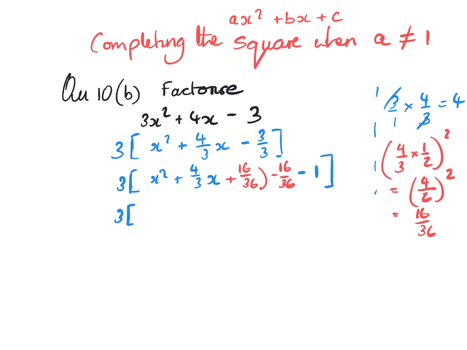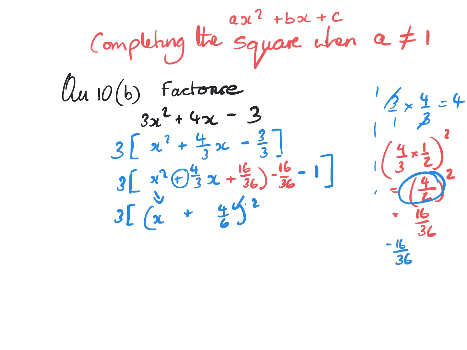It just becomes a bit more complicated. So the square root of x squared is x. The square root of 16 on 36 is 4 on 6. Okay? And the sign comes from the middle here. Alright, and that's our square term. And then you've got minus 16 on 36.